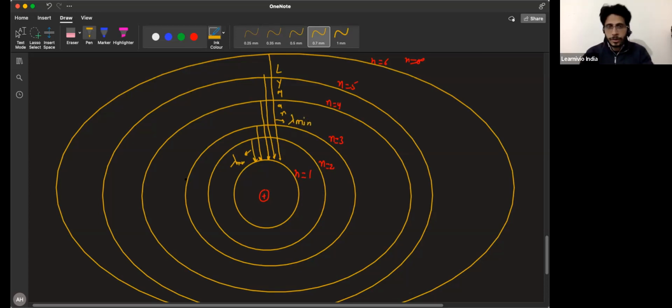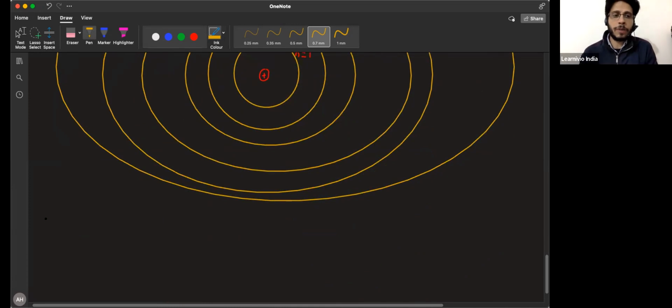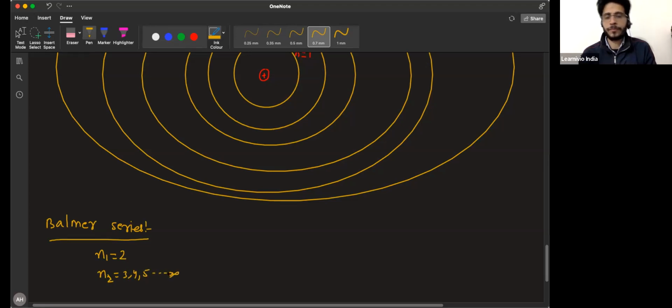That's the first series. The next series is known as the Balmer series. When we talk about the Balmer series, n1 is 2 and n2 is 3, 4, 5, up to infinity.